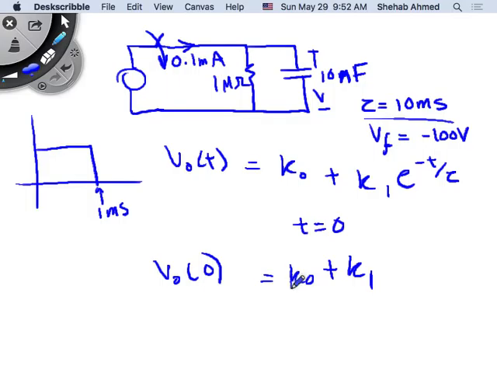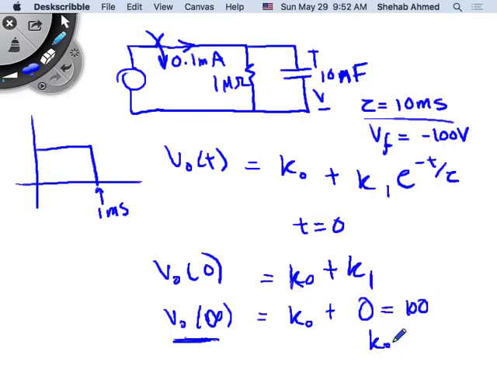So how about V output of infinity? E to the minus infinity is 0, so it's 0 plus K0. We know that about the circuit. So what do we know about V output of infinity? It's equal to 100.